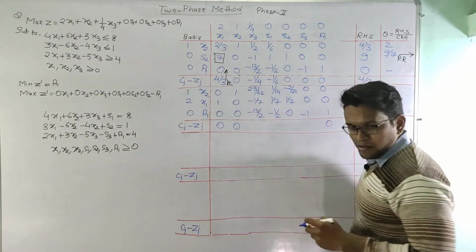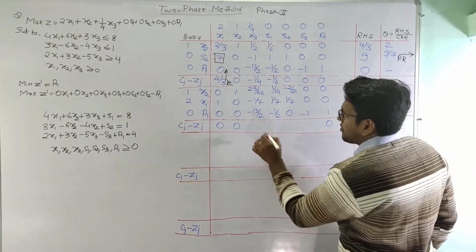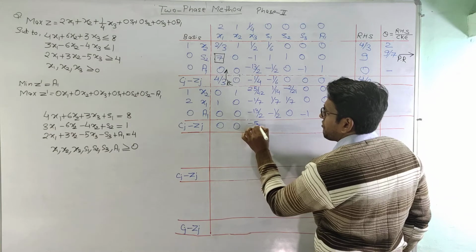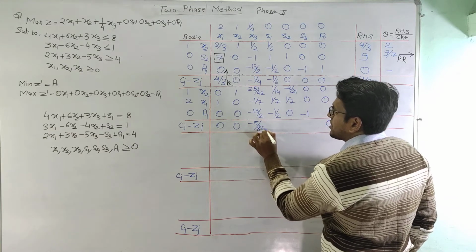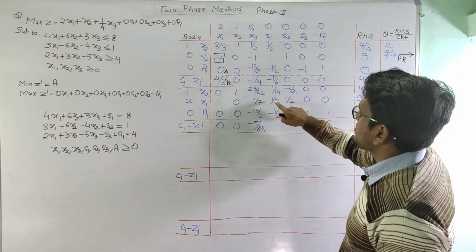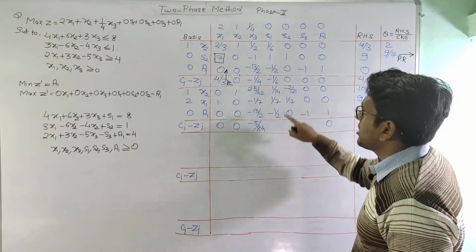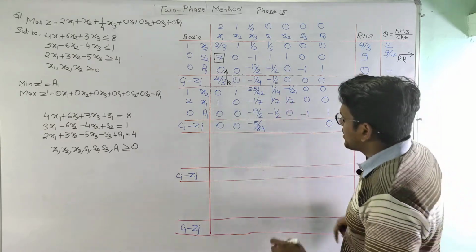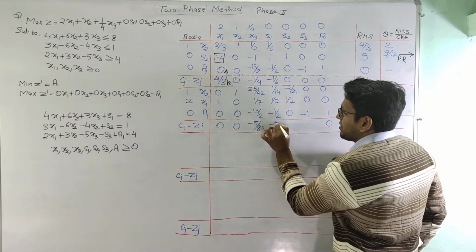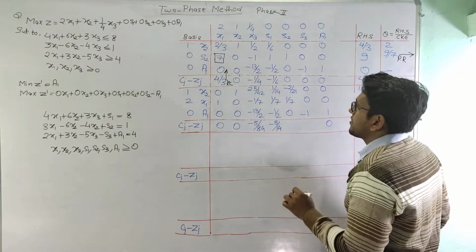This will come as minus 5 by 84. For this, 2 into 2, 4, 5, this will be minus 5 by 14.